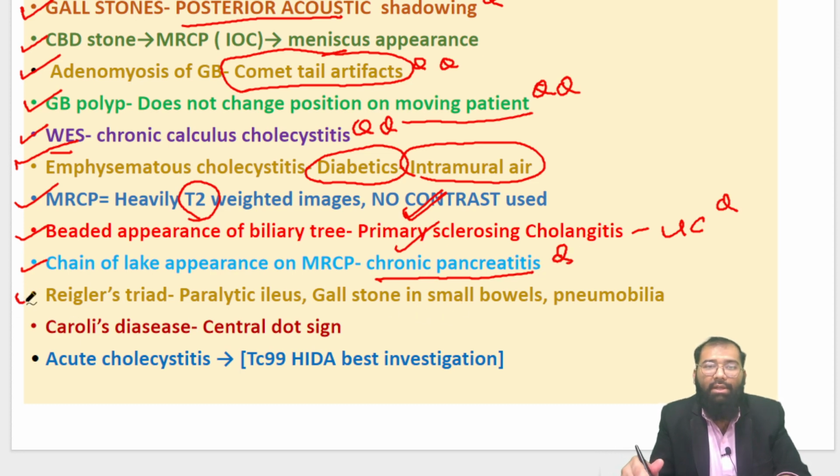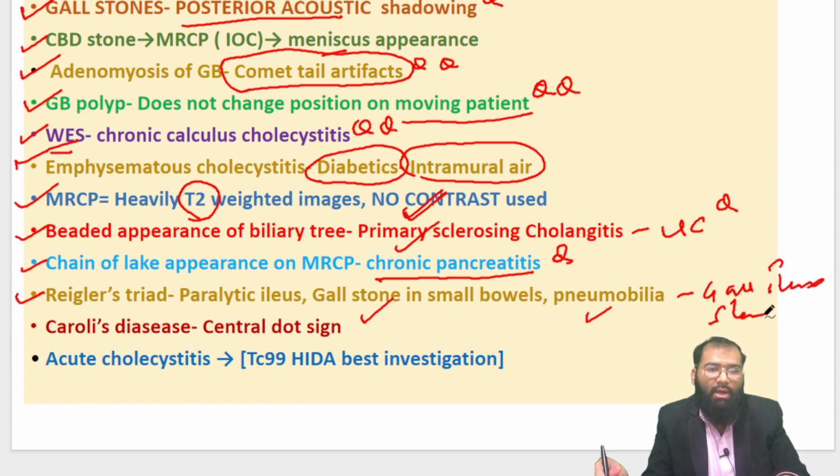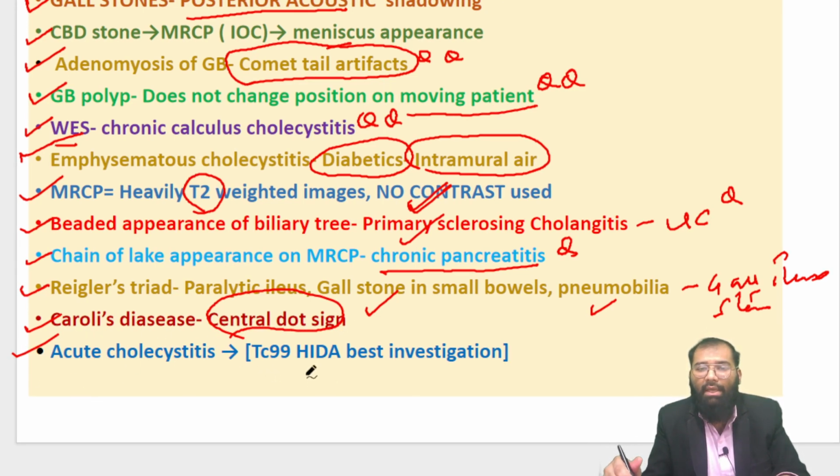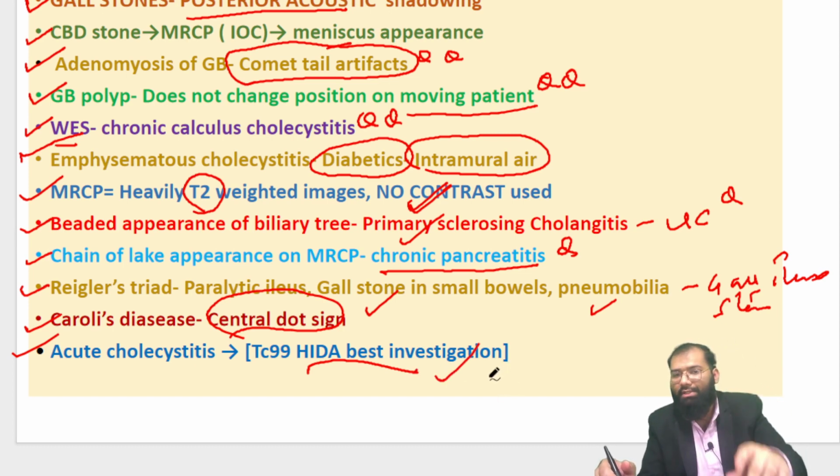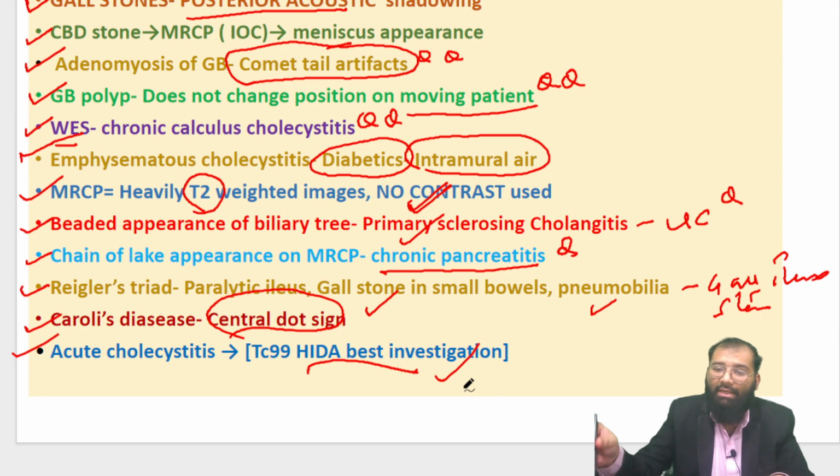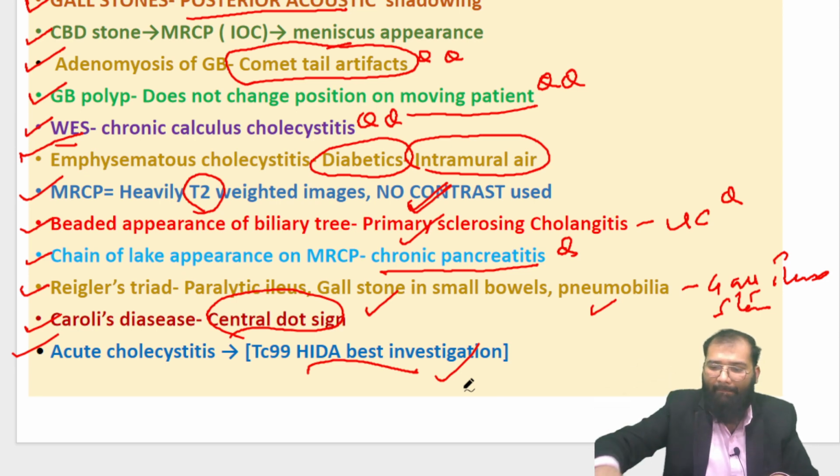Important question: Rigler's triad consists of paralytic ileus, gallstones in small bowel, and pneumobilia, that is called gallstone ileus. Now, Caroli's disease: central dot sign. Acute cholecystitis: HIDA scan is the best investigation. GB is not seen in patients with acute cholecystitis on HIDA scan.